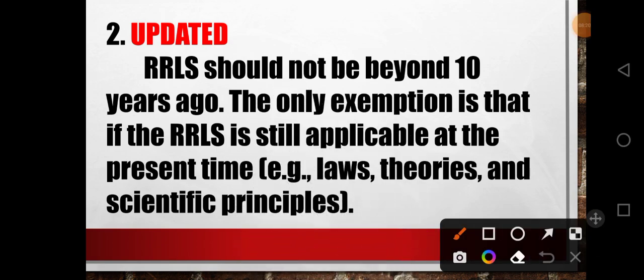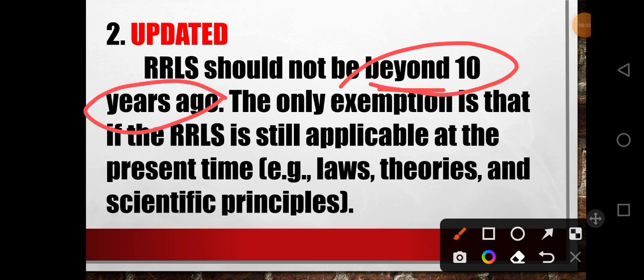And when can we say that an RRLS is updated? An RRLS is updated if the date of publication does not exist beyond 10 years ago. However, there is an exemption to the rule. You can cite sources from beyond 10 years ago if the RRLS is still applicable to the present time.